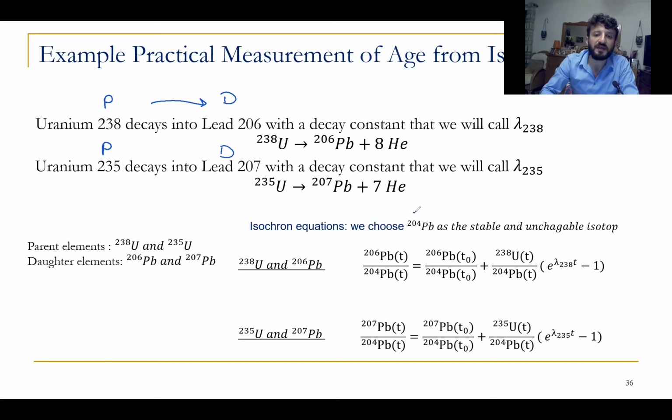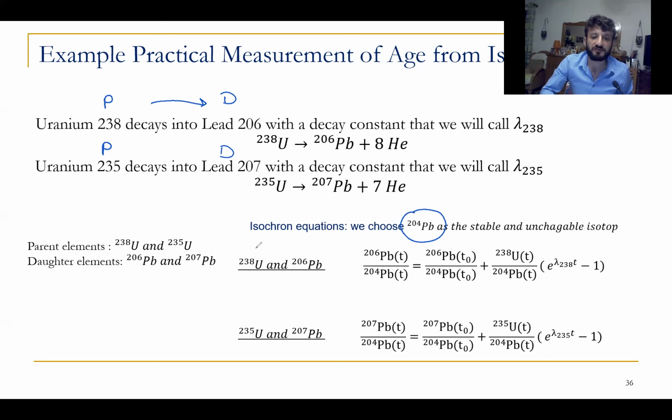Here it will be Pb 204, like in the case of strontium 87 and 86, where we found strontium 86 as a stable isotope. Here, Pb 207 and 204. We take the same isochrone equation and we divide.